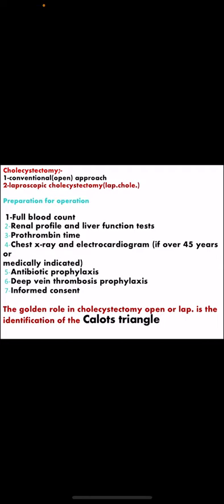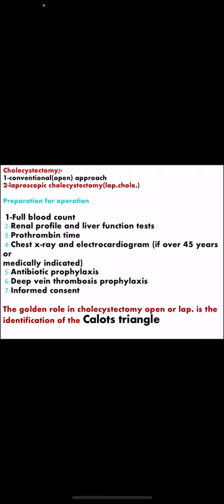By doing full blood count, renal profile and liver function tests, prothrombin time, chest X-ray, ECG, antibiotic prophylaxis, deep vein thrombosis prophylaxis يعني مثل نعطيهم enoxaparin or other measures to prevent thrombosis. Informed consent ناخذ التوقيع مالت المريض وأهل المريض بإجراء العملية.